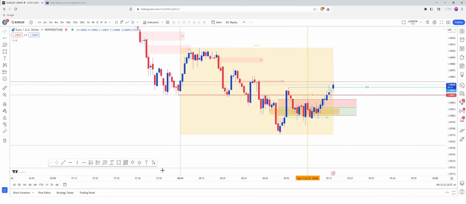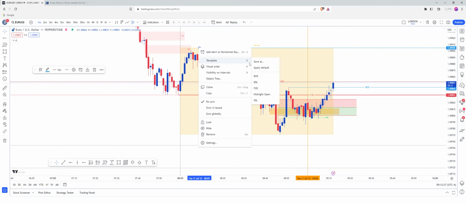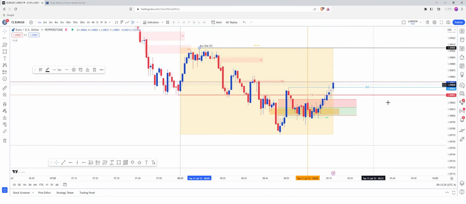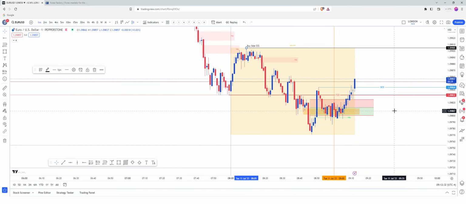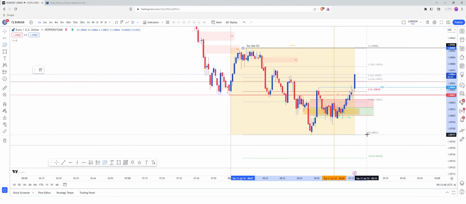So we need to keep an eye on the session high. We could grind our way back up there and drop. We can keep an eye on the optimal trade entry of the session.